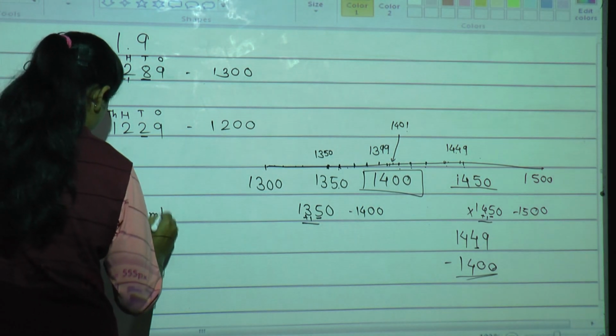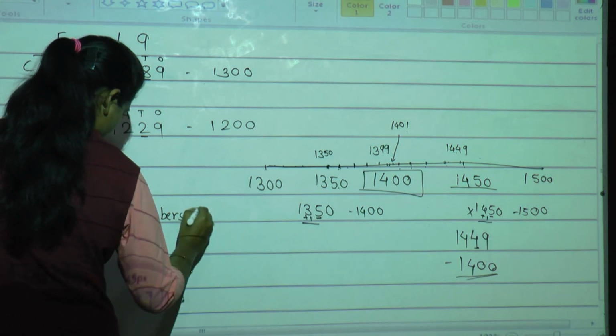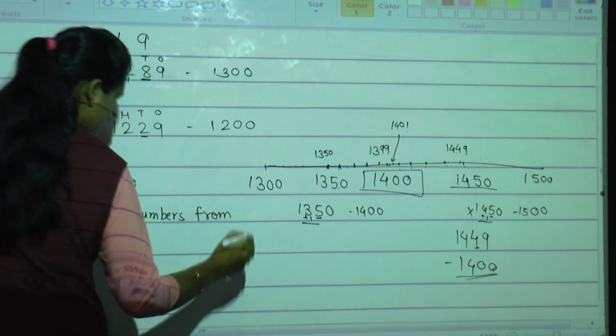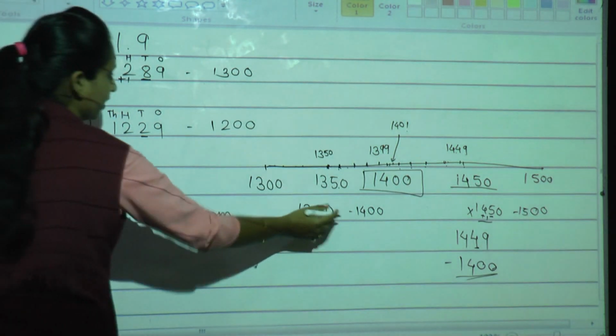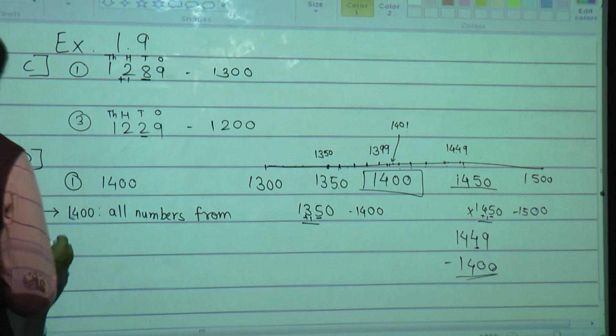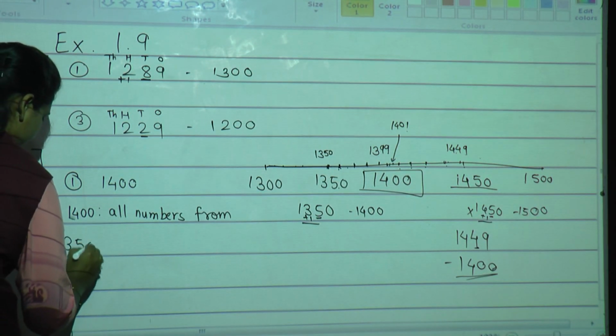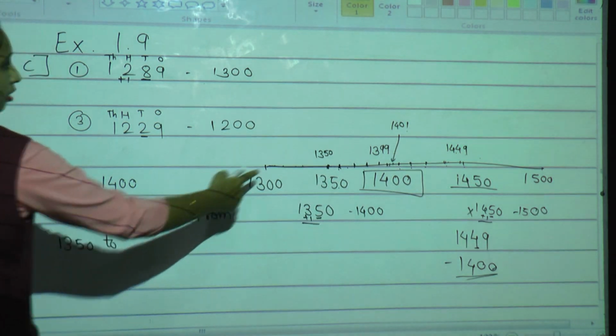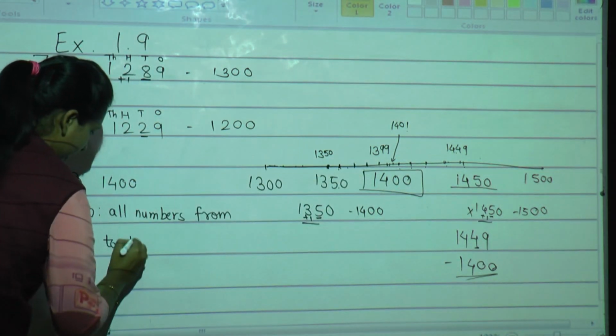all numbers from, I can write here, but it is rough work, you can see, so I will write downside. From 1350 to 1399.